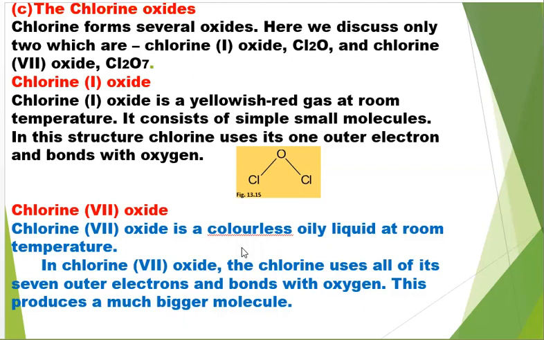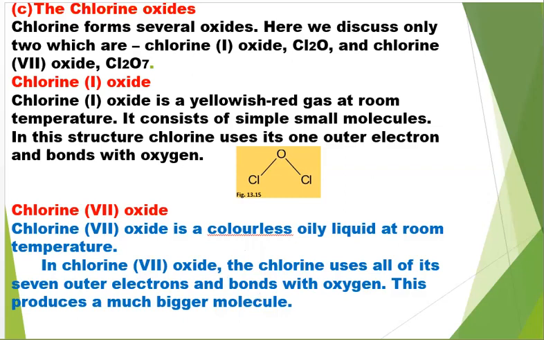In chlorine 7 oxide, the chlorine uses all of its 7 outer electrons for forming bonds with oxygen, and they produce a bigger molecule, and the attractive forces between bigger molecules are stronger. That is why it exists in the liquid state.